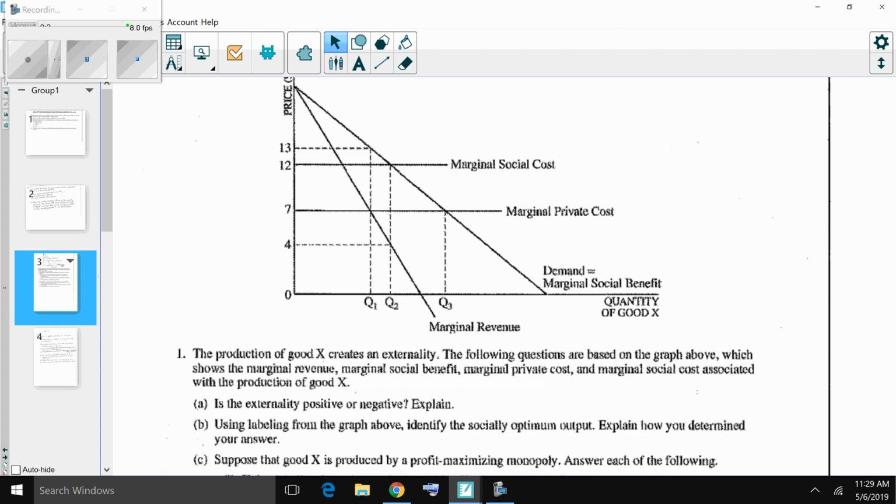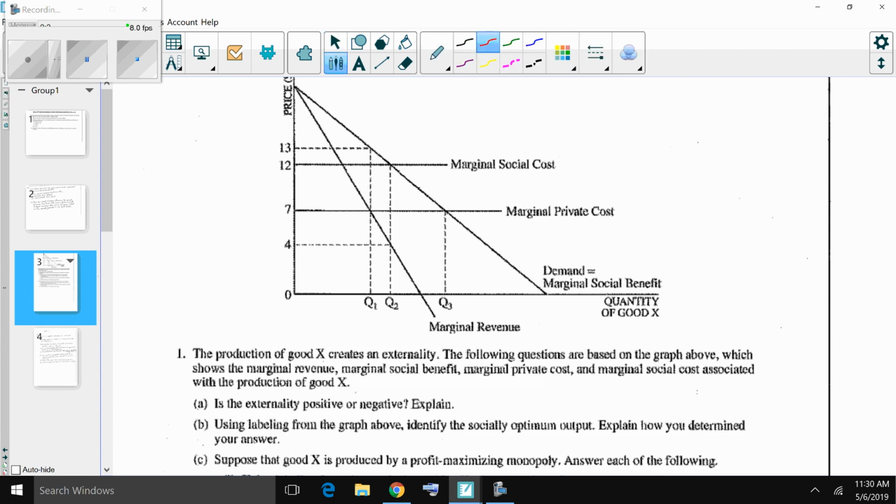Now the next question says, suppose this is produced by a profit-maximizing monopoly. Answer each of the following. C1. Using this labeling, identify an unregulated firm's output and explain how you determined. If they are a monopoly, unregulated, profit maximization would be MR equals MC.